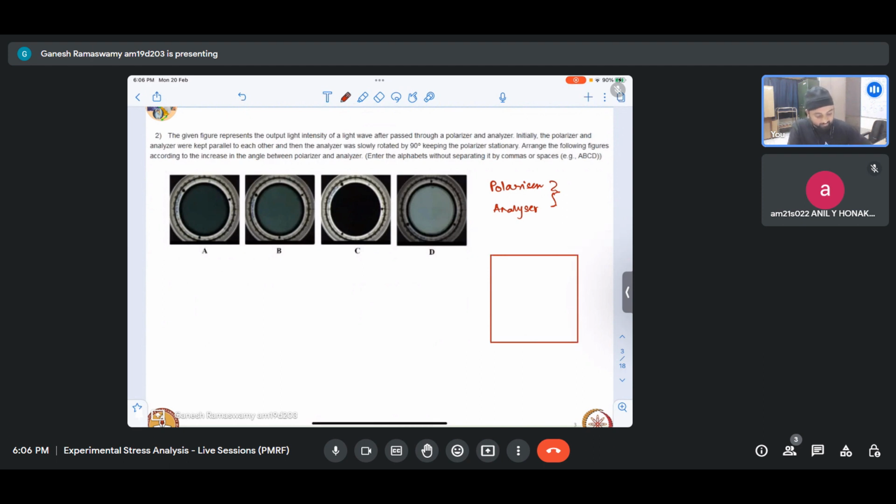For example, if this is a polarizer and it has a direction like that, it implies that only light vectors that are parallel to this direction will be transmitted through it. Light vectors in any other direction will be cut out. And naturally, the light vectors in this direction do not go through totally unaltered, so they get absorbed also.